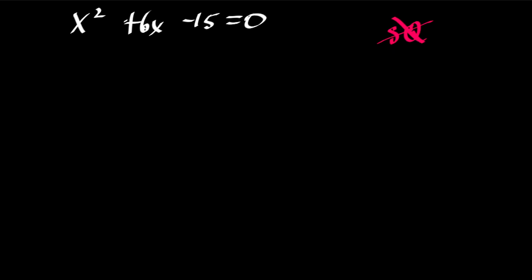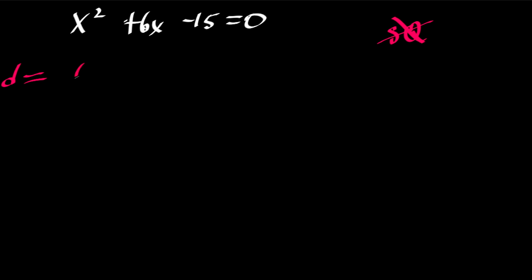Let's do two more. So the next one says x squared plus 6x minus 15 equals 0. So what would I do first? I would first say, okay, square roots is out because there's a bx term. And then I would say, okay, now what's the discriminant?